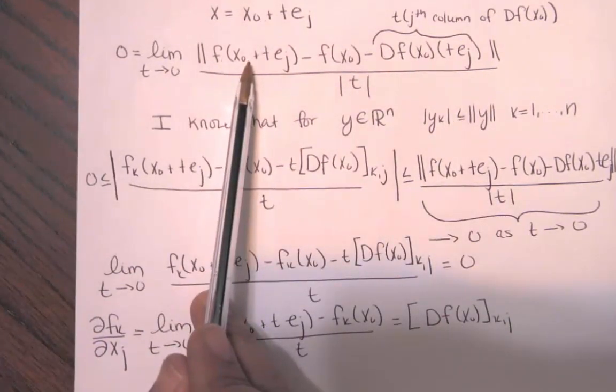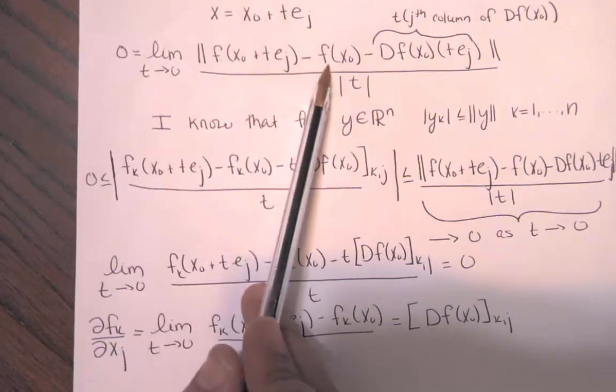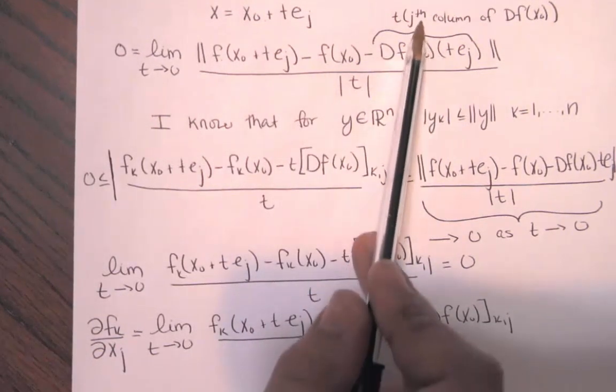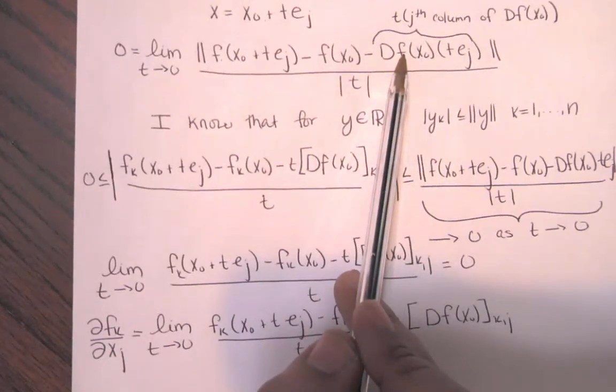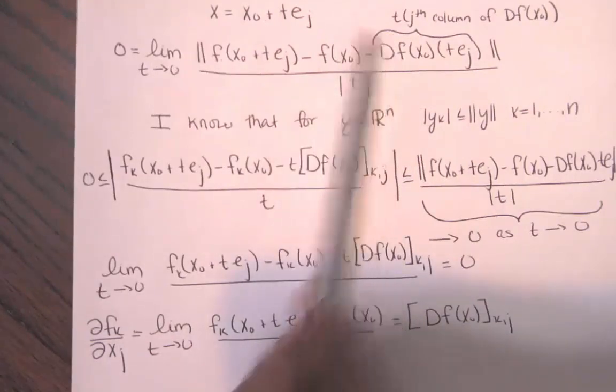Now, this is a vector in Rn, as is this, and this is also a vector because it's the jth column, right? So it's a vector in Rn as well. It's a column vector times t.